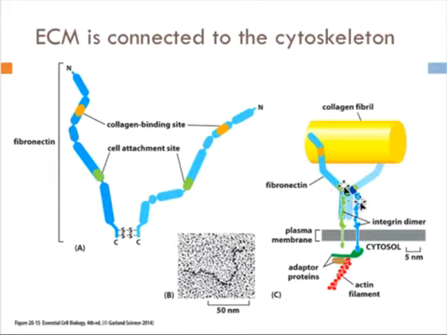The integrins are going to bind to these cell attachment spots on the fibronectin, and then in their intracellular domain, they're going to bind to adapter proteins which bind to actin. So here you have a connection between actin, the cytoskeleton, and collagen, the extracellular matrix.